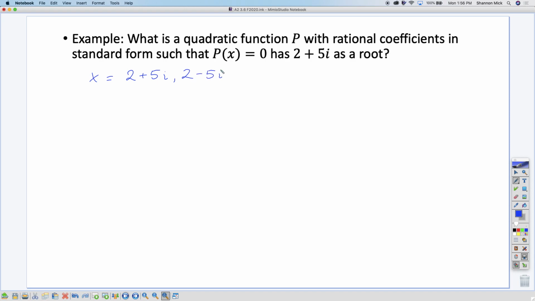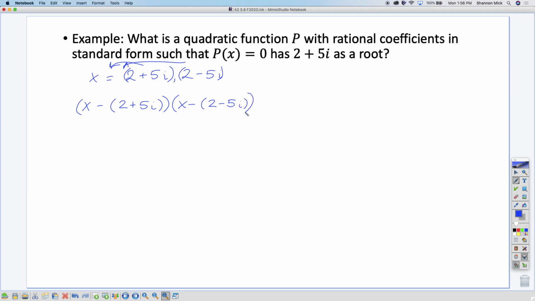So we're going to go through and set up this whole thing. Now remember, this is a quantity, yes? And to make zeros into factors, I have to move them back over to the other side of the x, right? So I subtract the whole quantity to move them back over. So I'm going to have x minus 2 plus 5i and x minus 2 minus 5i.